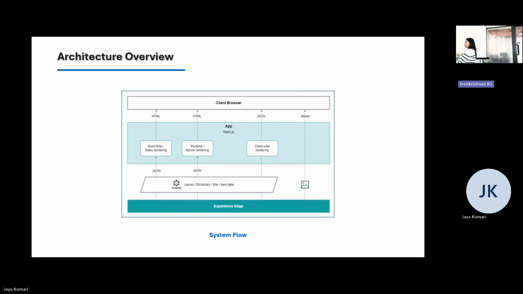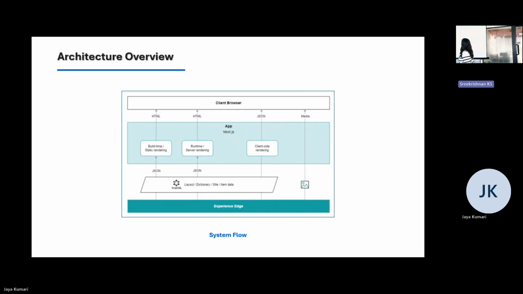Now in XM Cloud, that got replaced with Experience Edge. So in this architecture of JSS, only that got replaced by Experience Edge, and the heart of our full headless architecture is the Next.js app. And the rest you can rely on, like Next.js features such as static rendering and runtime server rendering. These are our app's basic components that we develop.